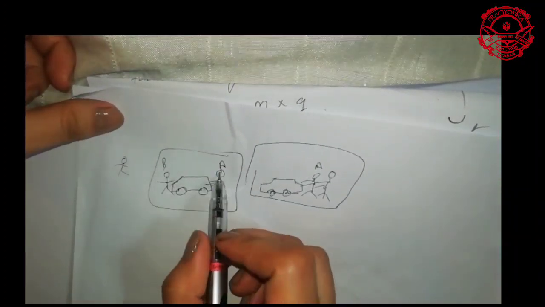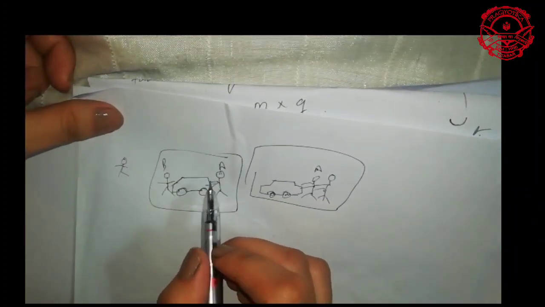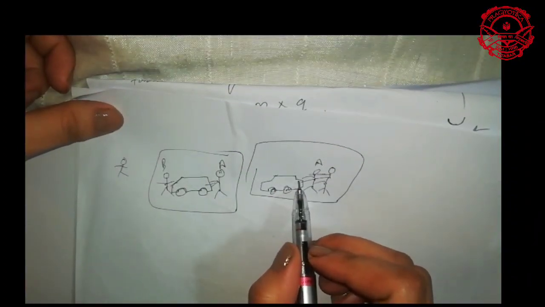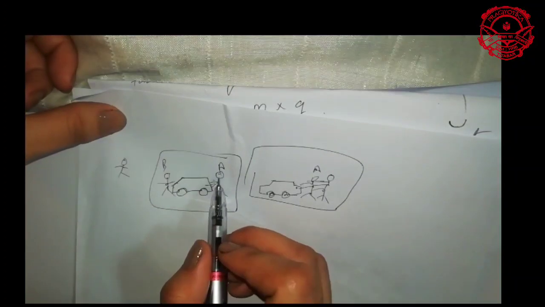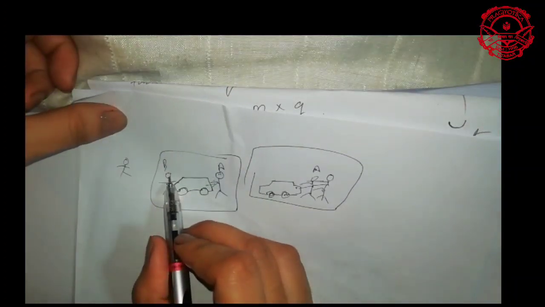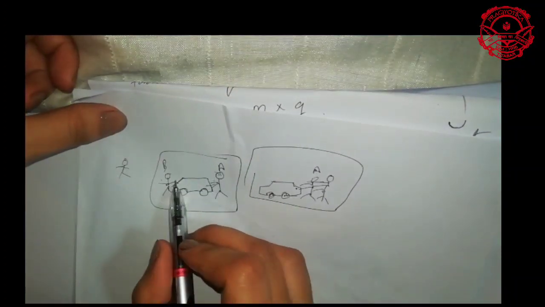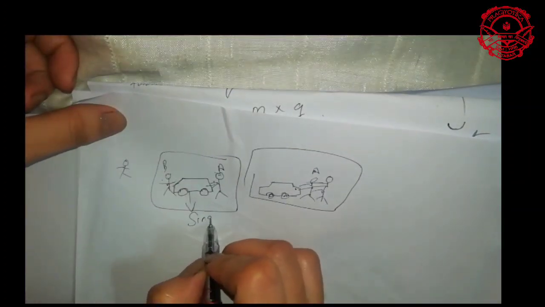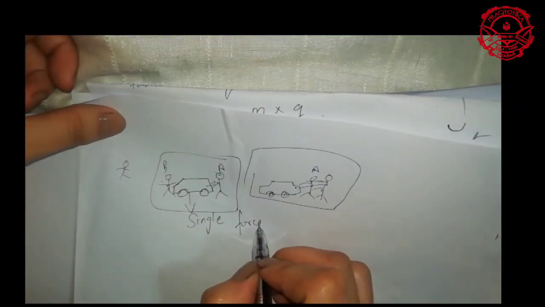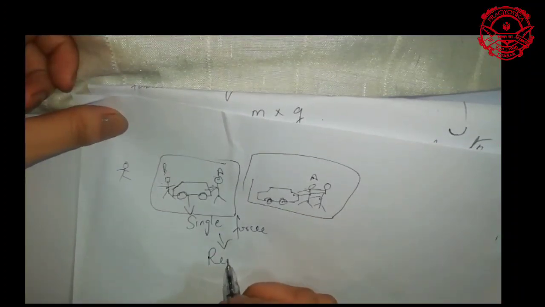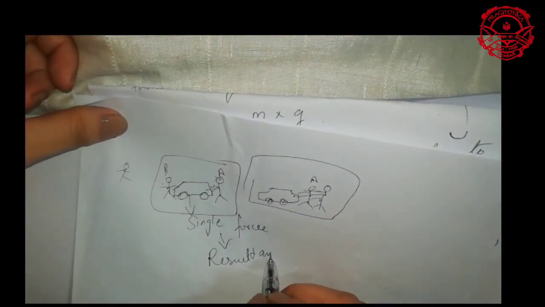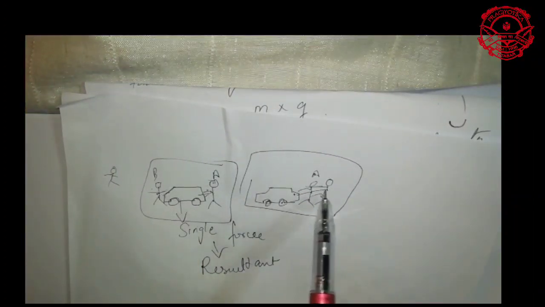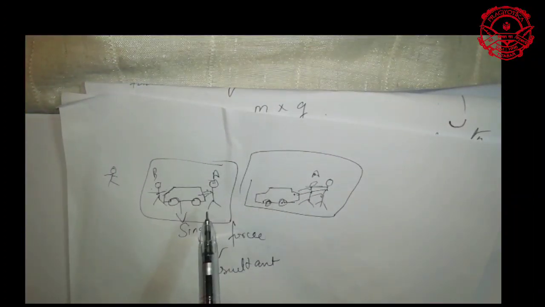When two forces, either one push and one pull, or both of you pushing the car, are being applied, that is you and this person, A and B, and both of them are using their force, they form a single force, and that single force is known as your resultant.